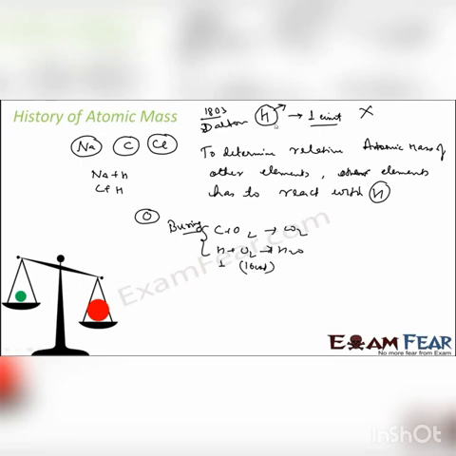Let's assume the Dalton theory itself. If hydrogen is considered as one unit, oxygen came out to be 16 units. H2 plus half O2 gives H2O.